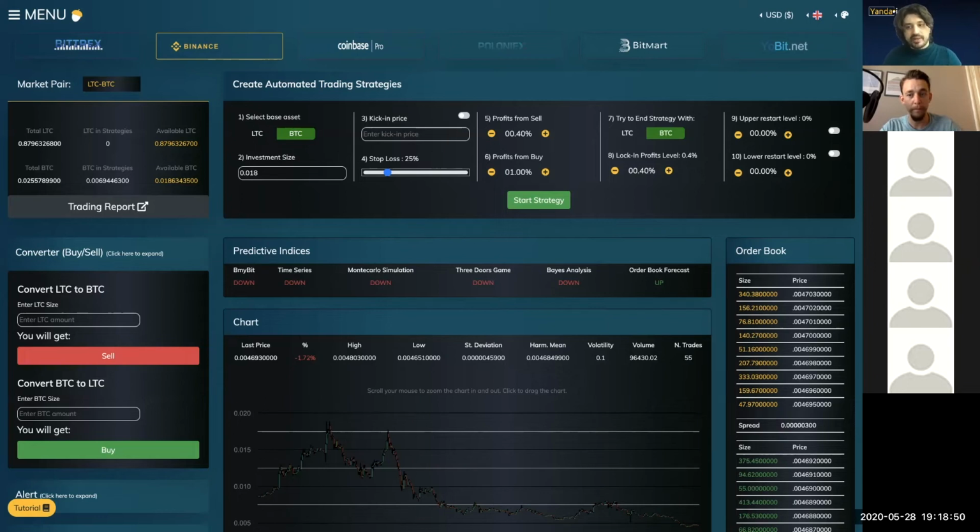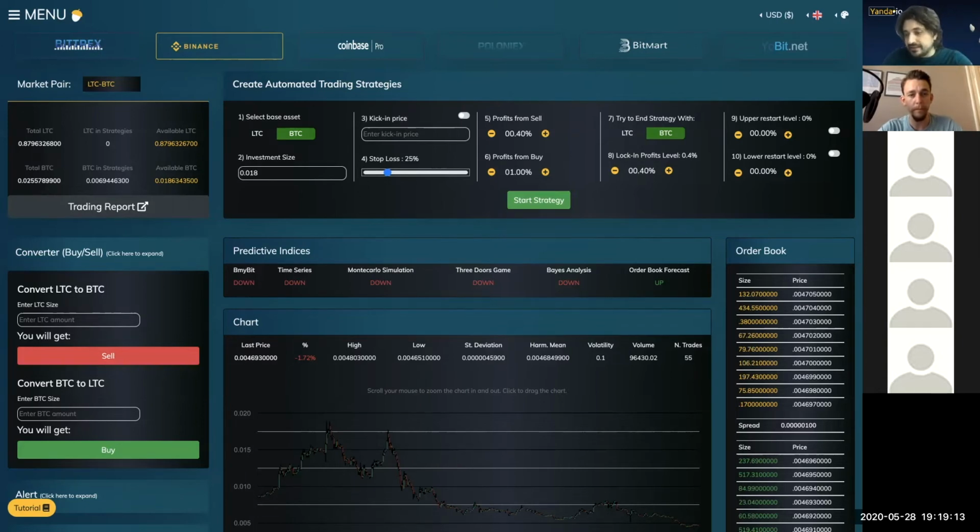If you are not so patient, and if you want to see quite quick results from your activity as an automated trader, then my suggestion is to keep the lock-in profits level low. That is going to give you also more flexibility in setting up your strategies on a daily basis or weekly basis or in a time frame which is very convenient for you guys.